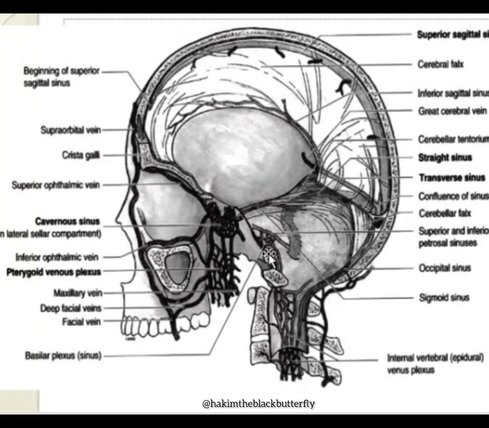It is the basilar plexus, because this part of the sphenoid bone is known as the basilar process. So this is the basilar plexus. And what does the basilar plexus communicate with in turn? The transverse, the inferior petrosal sinus.